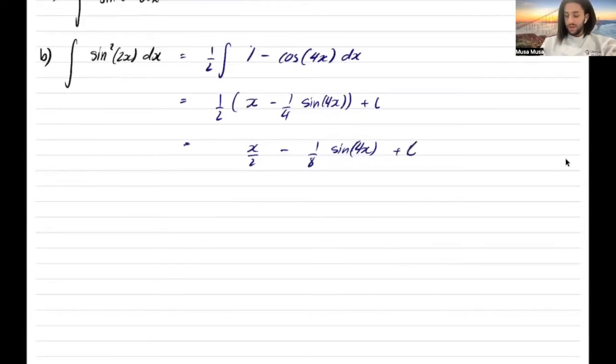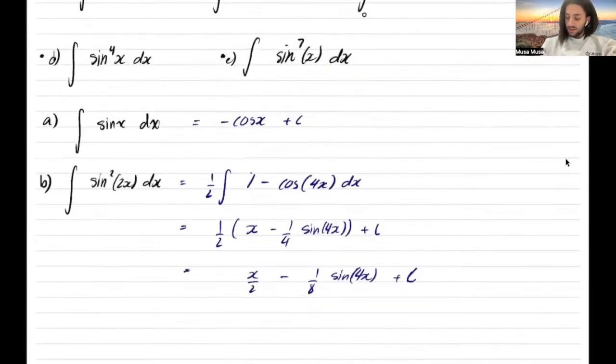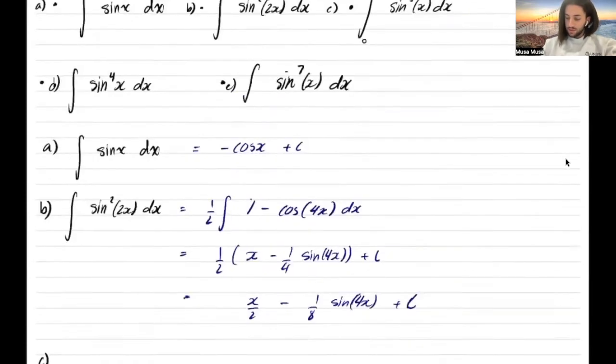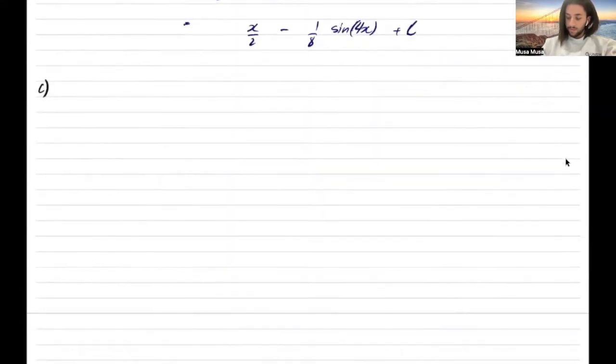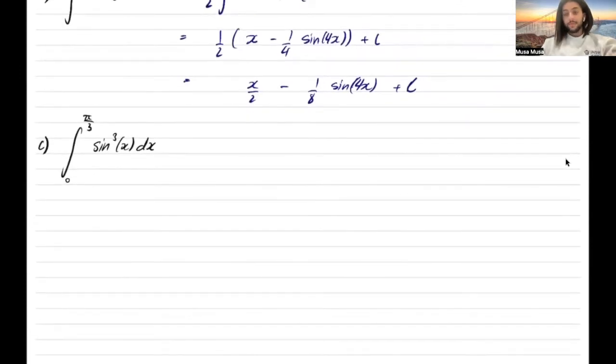Yep. C, what was C? Same thing with what we did with cosine to the power of 3. For those odd powers we had to isolate one of the cosines.